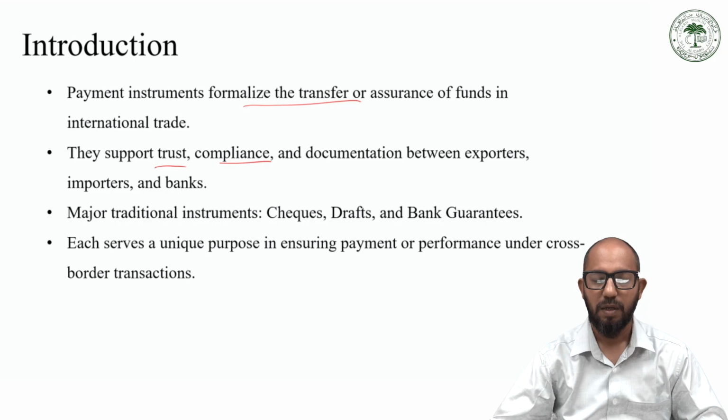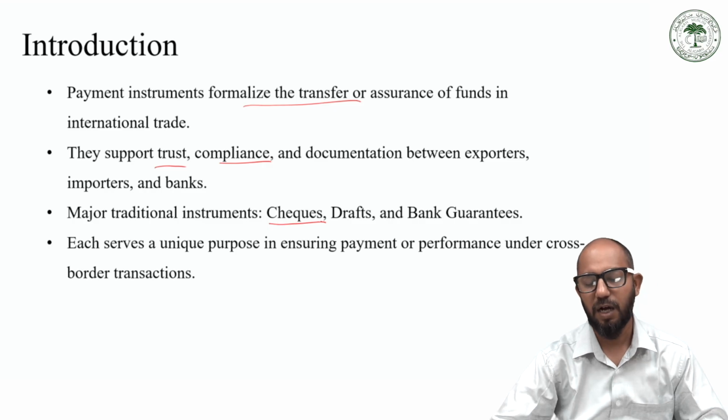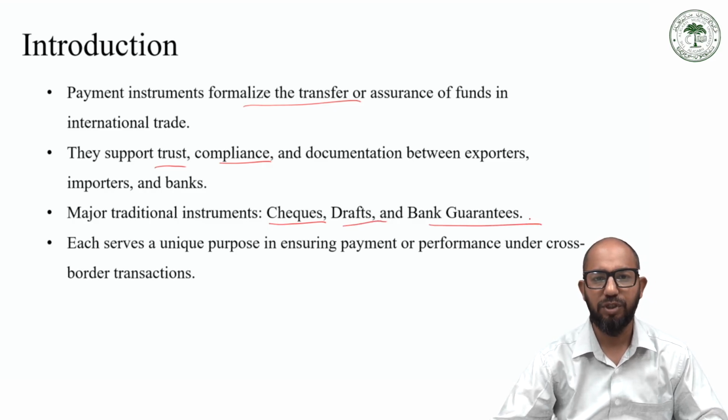In addition to this, major traditional instruments which are being used in international trade are checks, drafts, and bank guarantees. Now, these three are the most widely used instruments. Though they are not modern instruments, as of now they are most widely used because they are traditional.